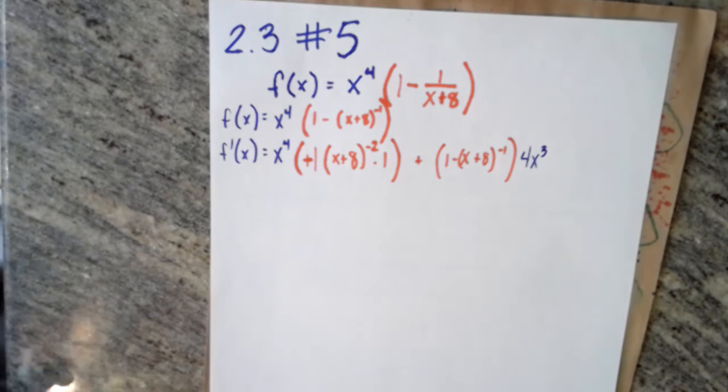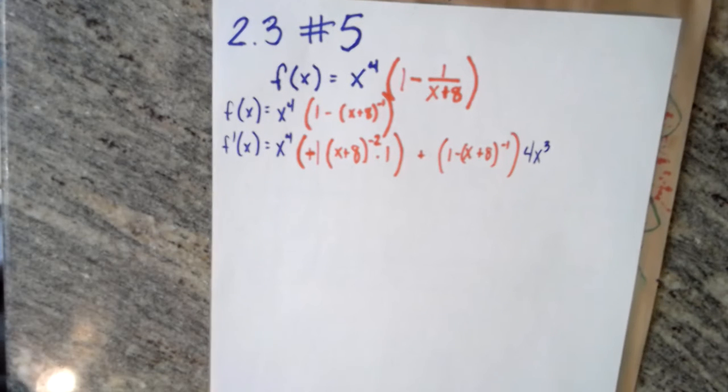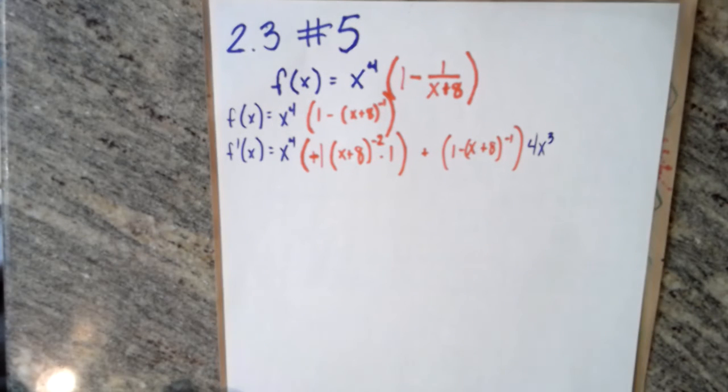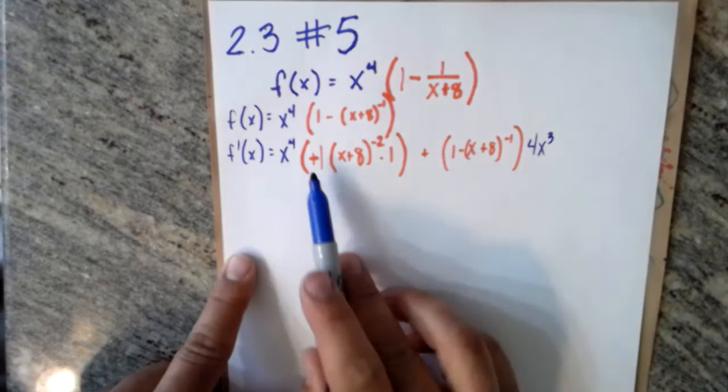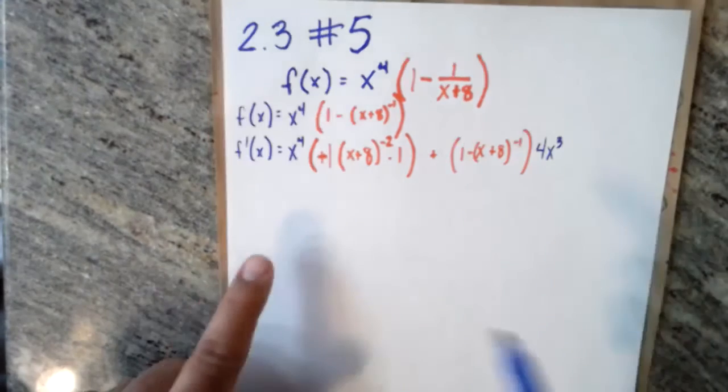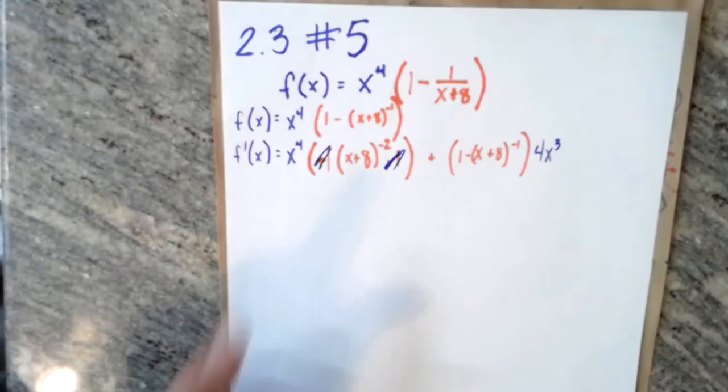That's like the answer to the question, but that isn't the answer to the question online. Now we're going to have to really get our hands dirty with some algebra. This is 1 times that times 1, so really these things don't matter.